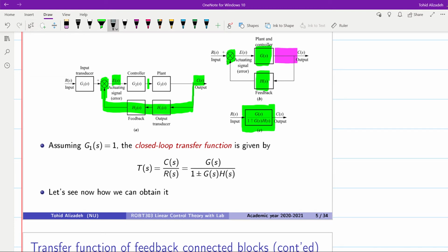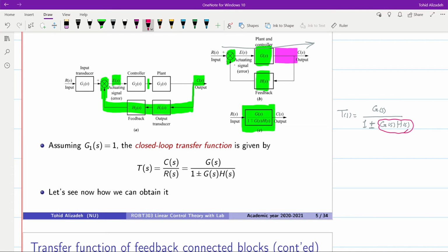T of S, we call it, the transfer function, could be obtained as G, the transfer function that we see in the, let's say, forward pass, divided by 1 plus minus G of S times H of S. And this G of S times H of S is called the loop transfer function.